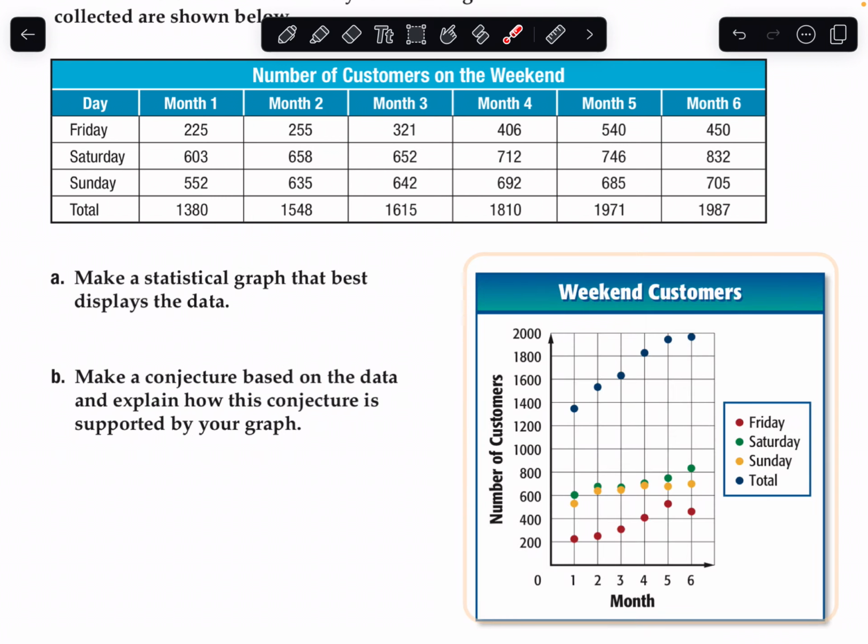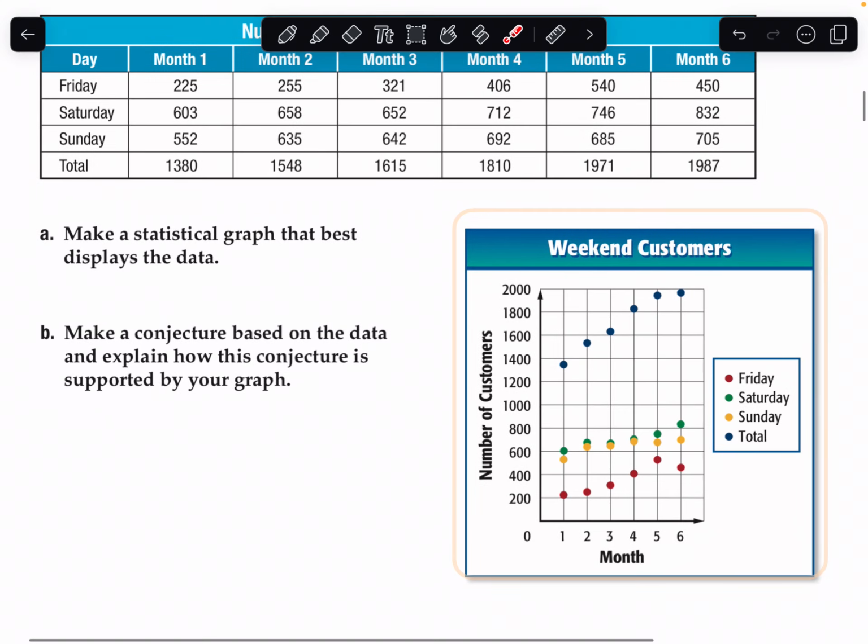I, of course, have copied the graph directly from the book there. And this is what I would like to focus on because I think we can very much see, especially on the total, make a conjecture based on the data, explain how this conjecture is supported by your graph.